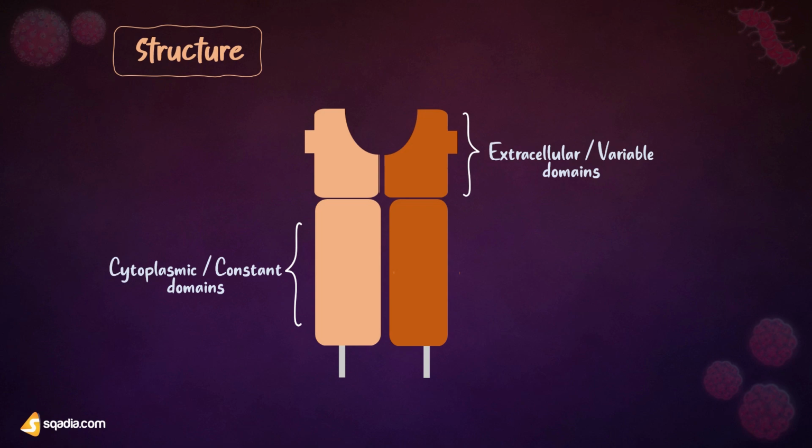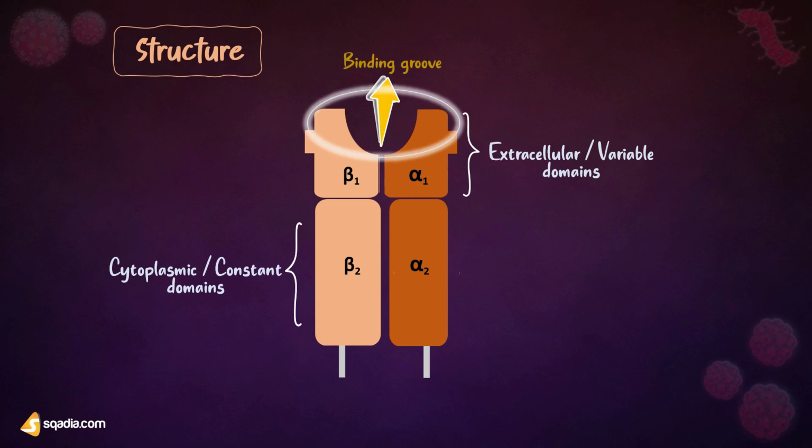The extracellular domains are named alpha 1 and beta 1, and the cytoplasmic domains are alpha 2 and beta 2. In MHC Class II molecules, the special site for antigen binding, that is the binding groove, is created by the alpha 1 and beta 1 domains for the peptides binding.